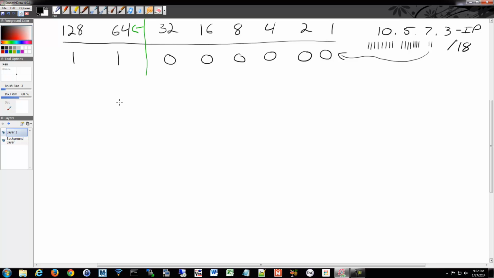So we're going to do 10.5.0.0, 10.5.64.0, 10.5.128.0. You see where we're going with this?